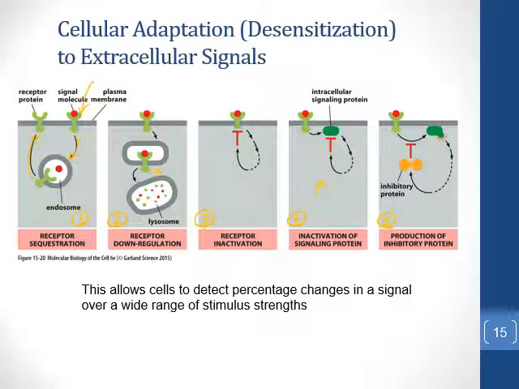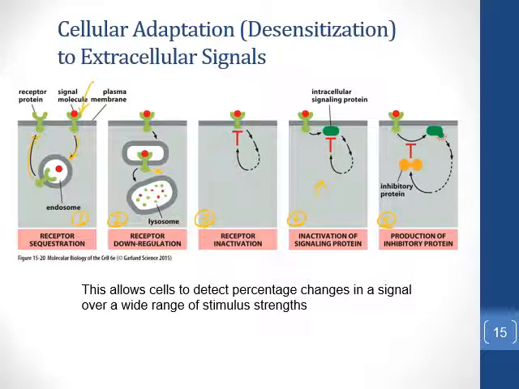Okay. And what about in case number 5? In case number 5, what's going to happen is, as part of the pathway, you actually activate some sort of inhibitory protein. And by activating that inhibitory protein, you're going to shut the pathway down.